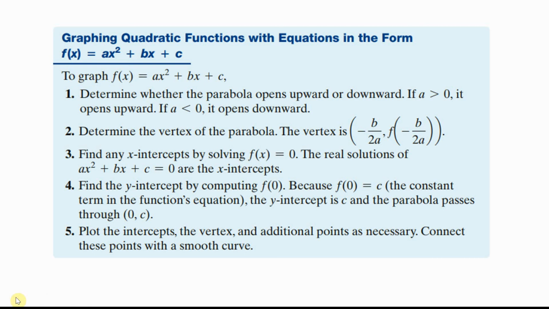So look here again. Determine whether the parabola opens upward or downward. If A is positive, it opens upward. You remember the parabola is doing that. That means I have a minimum here.